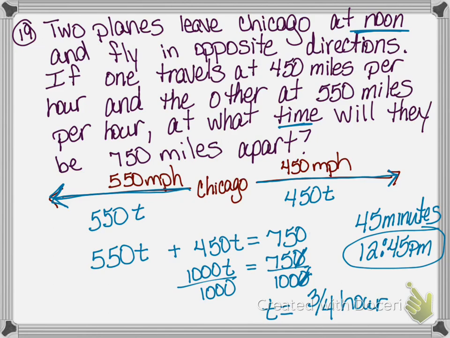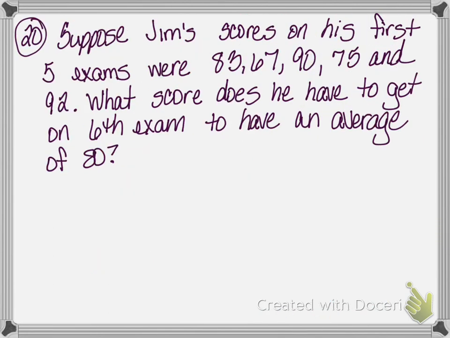Okay. Last one. Suppose Jim's scores on his first 5 exams were 83, 67, 90, 75, and 92. What score does he have to get on the 6th exam to have an average of an 80? So, we have an 83, a 67, a 90, a 75, and a 92.